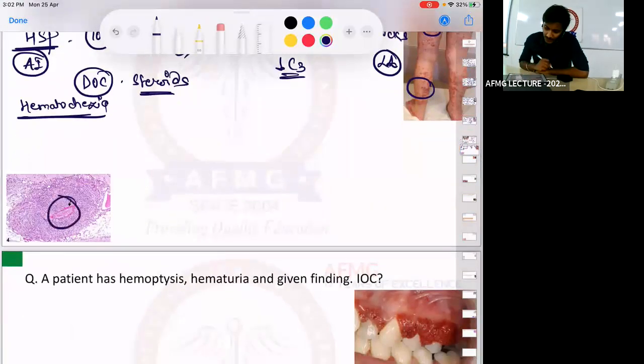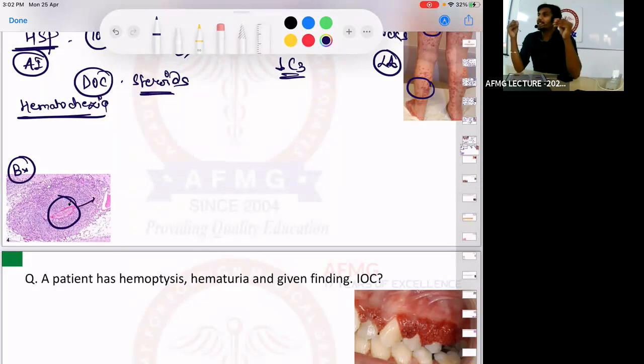Next, if I talk about this one, guys, here you can see a biopsy of a vessel. In the middle, you can see the vessel lumen, and this is the vessel wall. But all the vessel wall is almost filled with lymphocytes, right? So here we are seeing a fibrinoid necrosis.